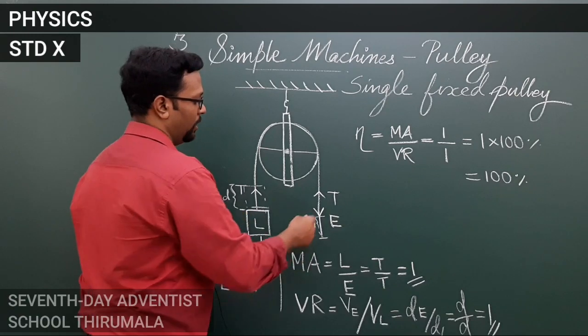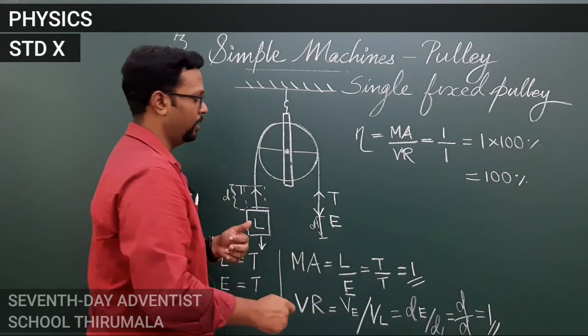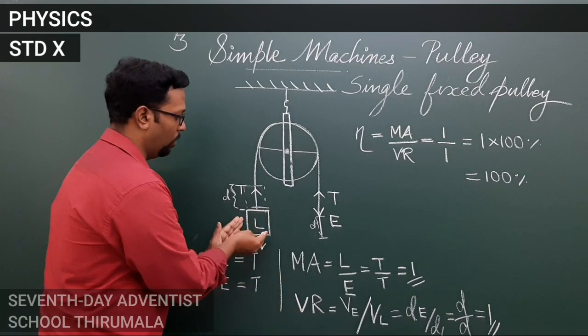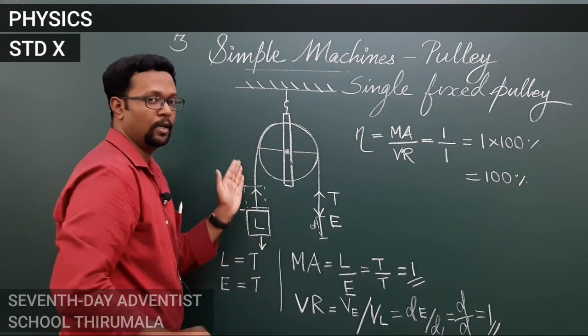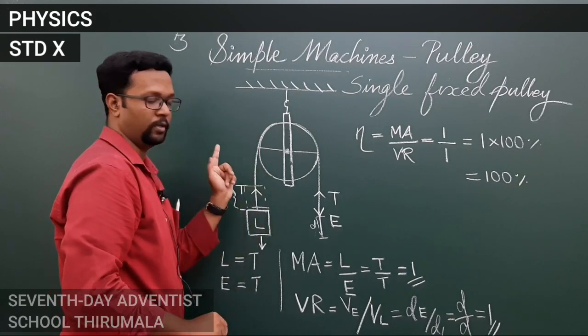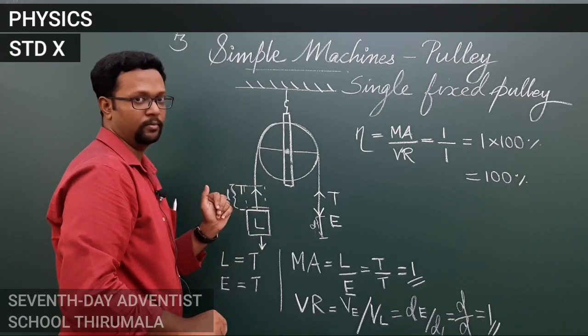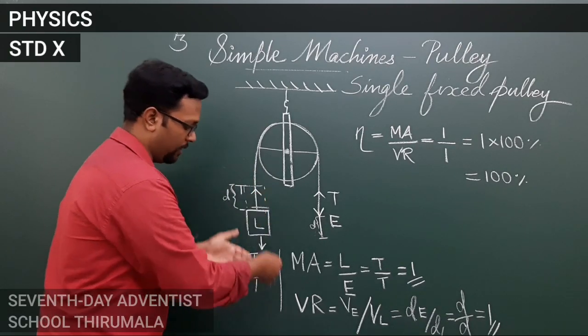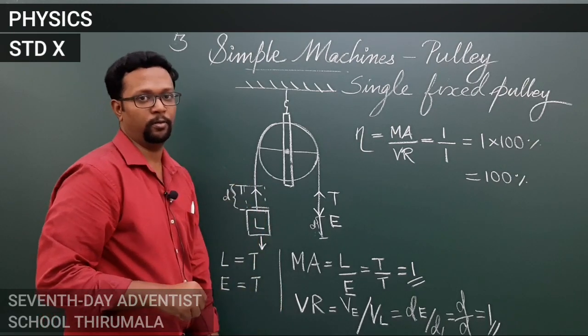Second, when you are pulling this effort side of the rope, you are not only pulling the load but also the mass or weight of this string. You are also pulling up the weight of this much part of the string. If the load is at a long distance down, then a lot of rope will be there which you have to pull.